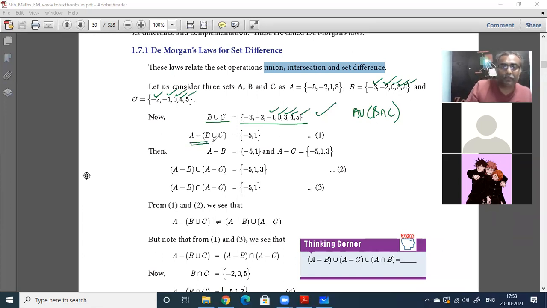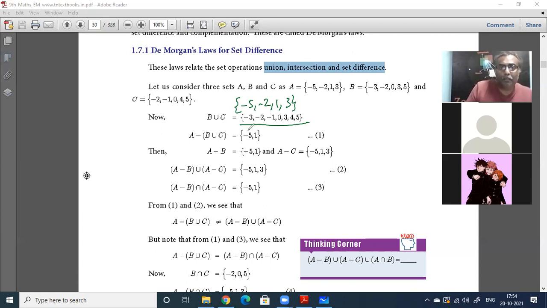He's combining set difference with the union operation: A minus B union C. So this is B union C and this is A. A is {-5, -2, 1, 3}, and B union C is {-3, -2, 1, 0, 3, 4, 5}.